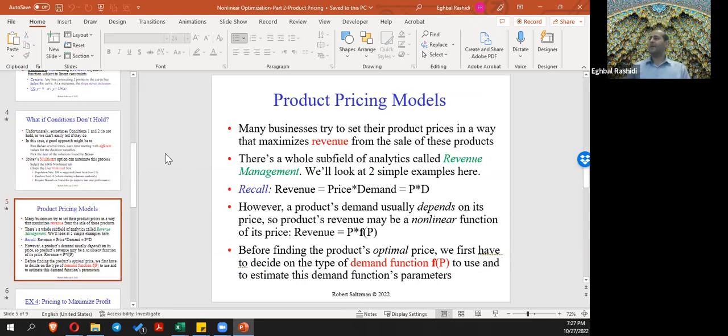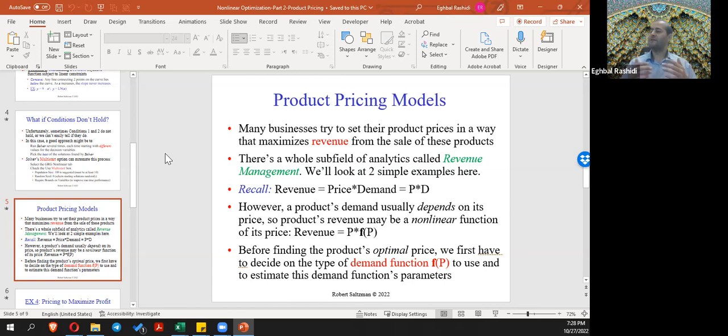So let's see the financial example, which is also nonlinear. Many businesses try to set their product prices in a way that maximizes revenue, right? So as a manager, you would want to price your product in such a way that your revenue is maximized. But your revenue depends on demand, and the demand also depends on prices, right?